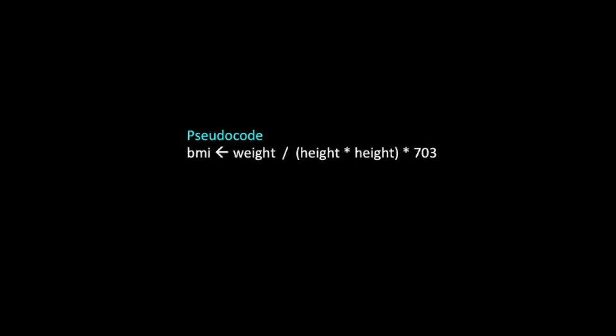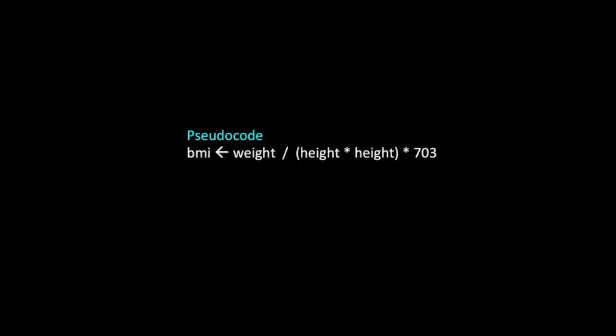As an example of a high-level language statement, let's take a look at translating our pseudocode for calculating body mass index into a Java statement. So the first line is our pseudocode statement where it's an assignment using the left arrow character as our assignment.